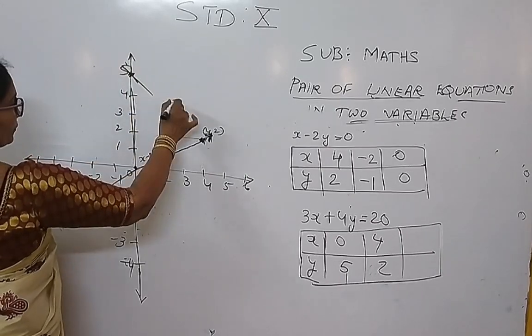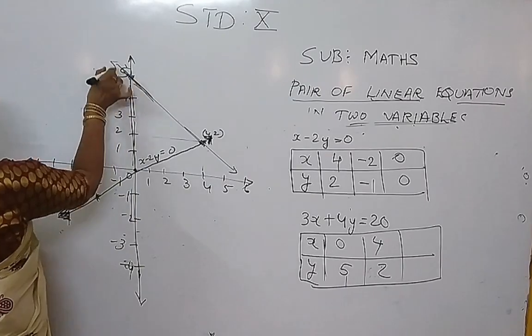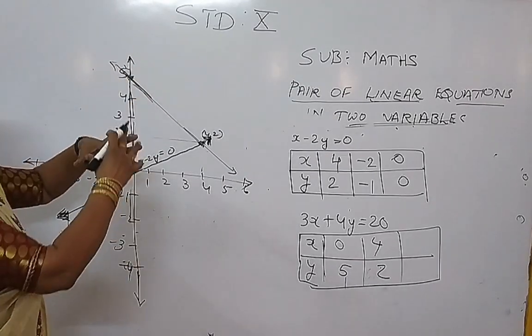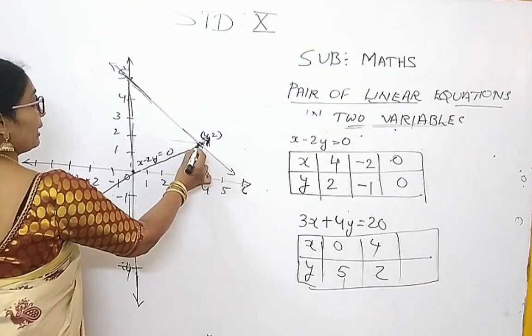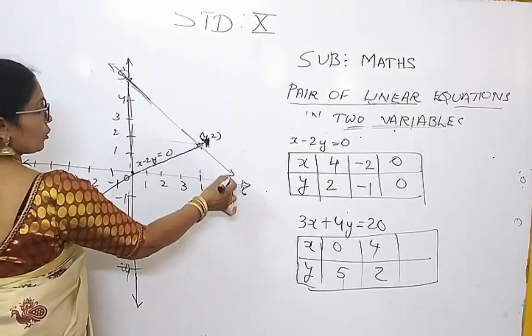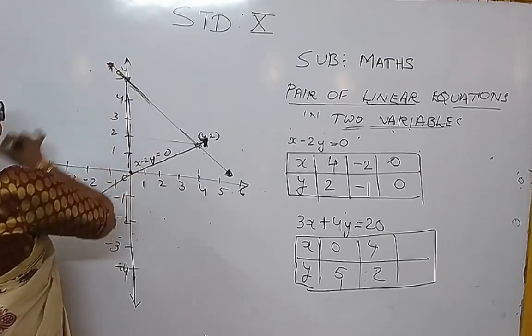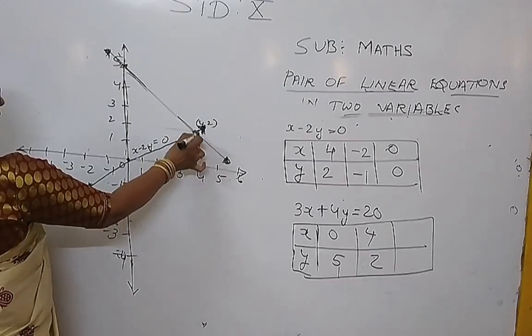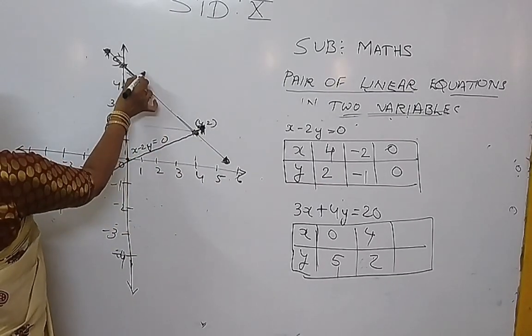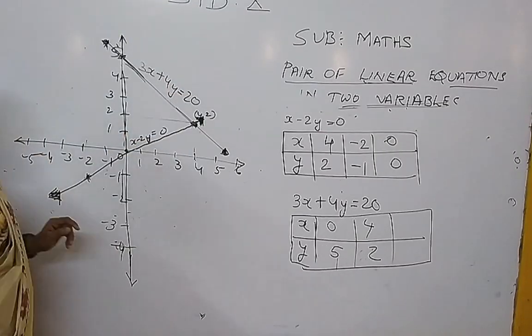I have drawn only 2 points, but you can extend the line infinitely, because a line has no limit at all. So you got one line like this. One point is 0, 5, another one is 4, 2, and on the top of this you write 3x plus 4y equal to 20.